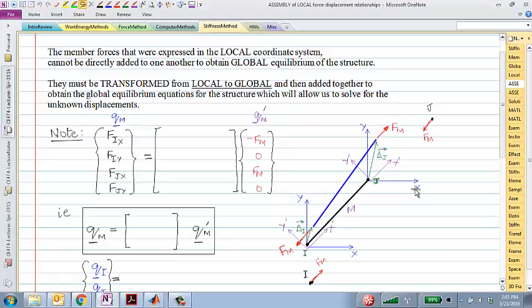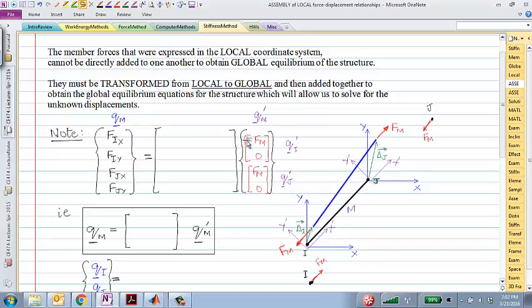So let me ask you this. I have Qm prime, which happens to be a 2x1 and another 2x1, which is basically Qi prime and Qj prime. It's a 4x1 vector made out of two 2x1 vectors.